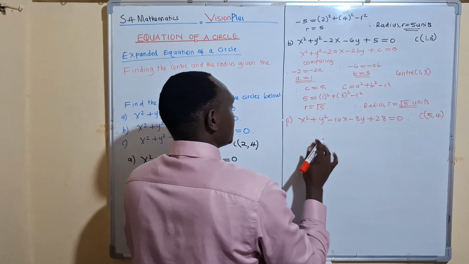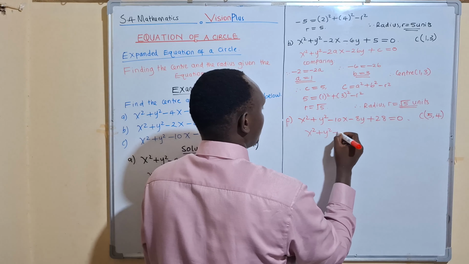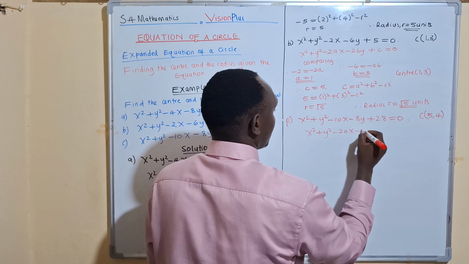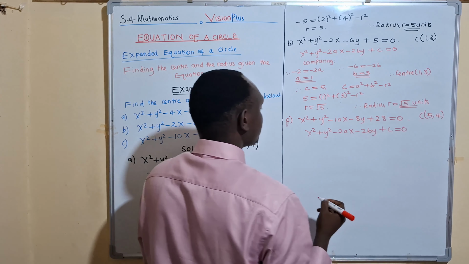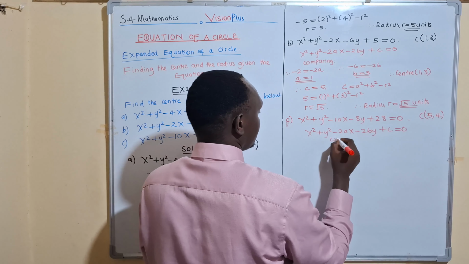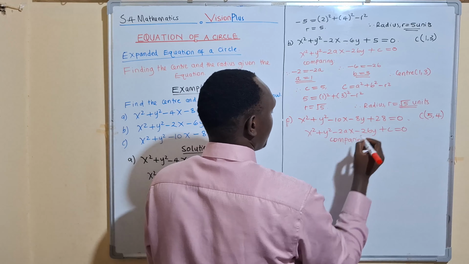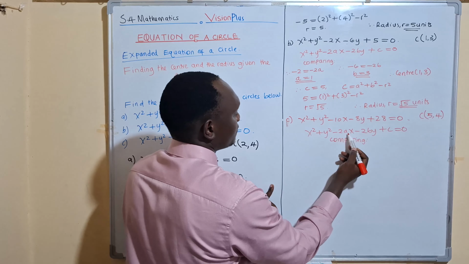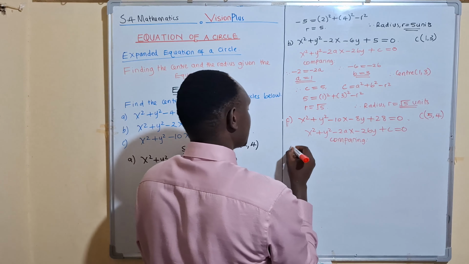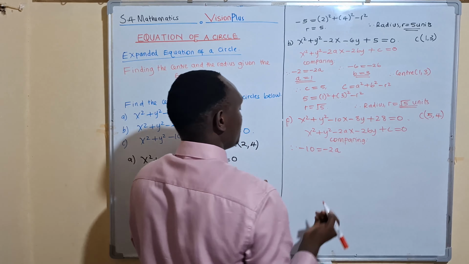But for the beginners, we compare x squared plus y squared minus 2ax minus 2by plus c equals to 0. So on comparing the coefficients, we shall see that -10 corresponds to -2a because they are coefficients of x. So therefore, -10 equals -2a. Then we find a from here.